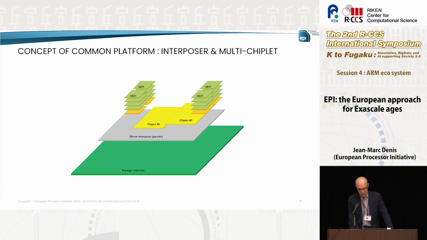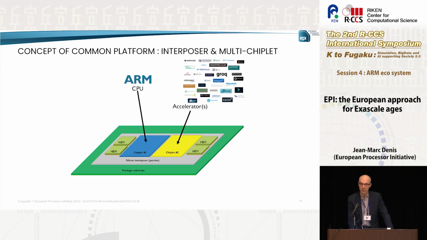So on the first chiplet, we implement the ARM CPU. On the second chiplet, we could implement, obviously, a second ARM CPU with a die-to-die interconnection, or we can implement an accelerator. It could be the European accelerator that we are developing, or it could be something else.